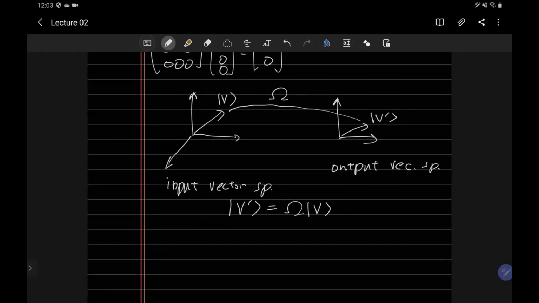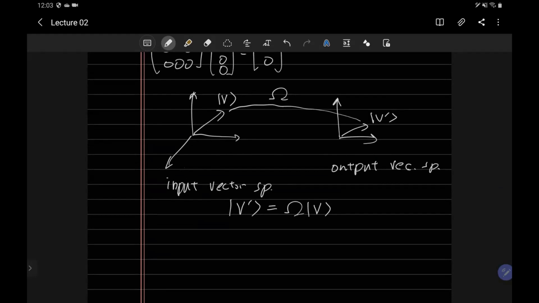In the general idea of the linear operator, the input vector space and the output vector space don't have to be the same. For example, here the input vector space was the three-dimensional space, and the output vector space might be two-dimensional space, so they are, in principle, distinct.